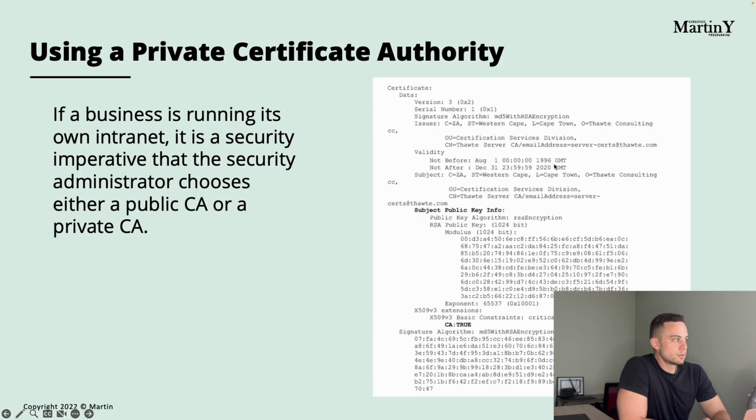We also have the validity of the certificate, for how long it is valid. Here is, for example, the public key information, so this would be the public key, and you can also see the signature right here at the bottom. Obviously this is not like a typical certificate that you would imagine. You can see all these different bits here, but in fact they guarantee the authenticity of this certificate.